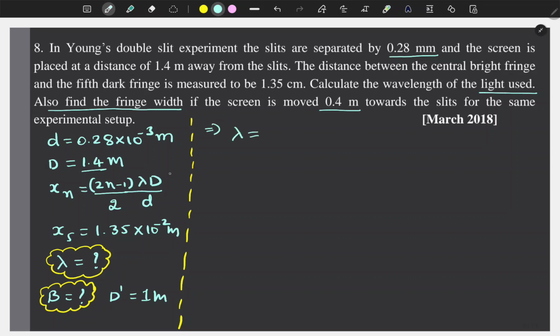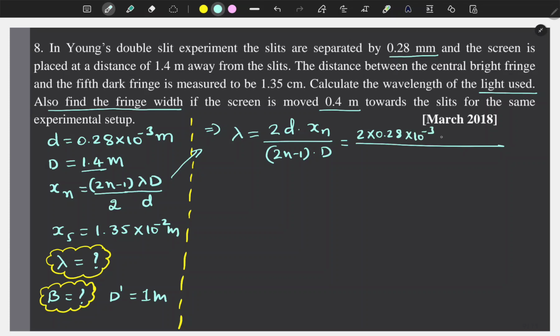Case 1, lambda is equal to, what do you get from this formula? 2 small d into xn divided by 2n minus 1 into capital D. That is equal to 2 into small d, which is 0.28 into 10 to the power minus 3, into xn, which is 1.35 into 10 to the power minus 2, divided by 2 into 5 minus 1 into capital D, which is 1.4.